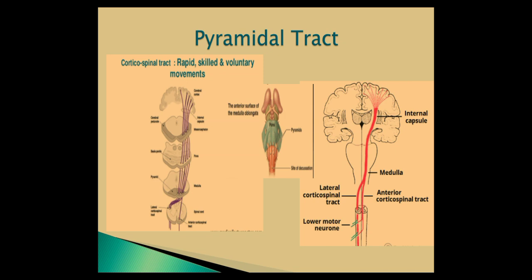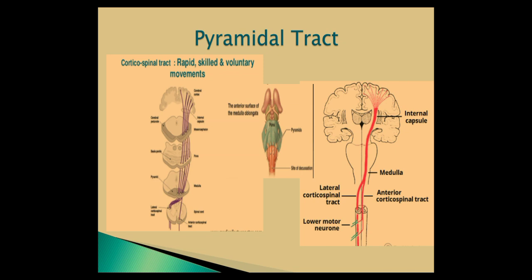So why is it called a pyramidal tract, and what is the basic function of the pyramidal tract? Some people believe that it is called a pyramidal tract because of its origin.